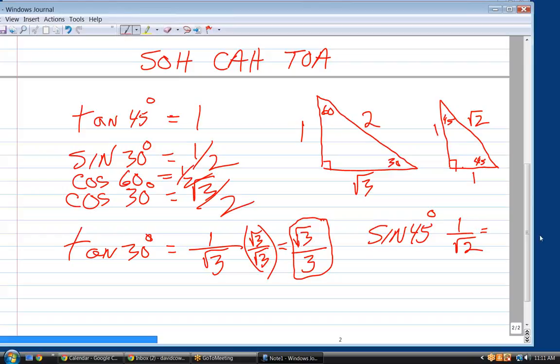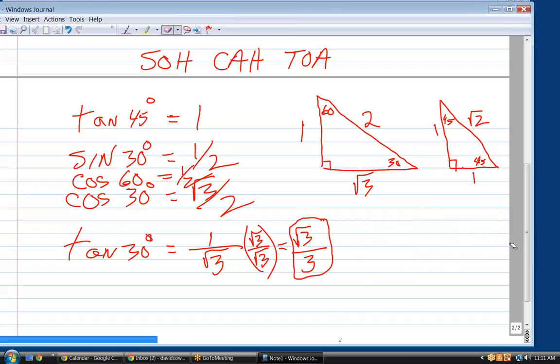So the square root of 2 over 2. And it's always like that. In other words, 1 over square root of 5 is square root of 5 over 5, and so forth and so on. The way you get that is by multiplying top and bottom by square root of 2, and that's how you get the 2 in the denominator.